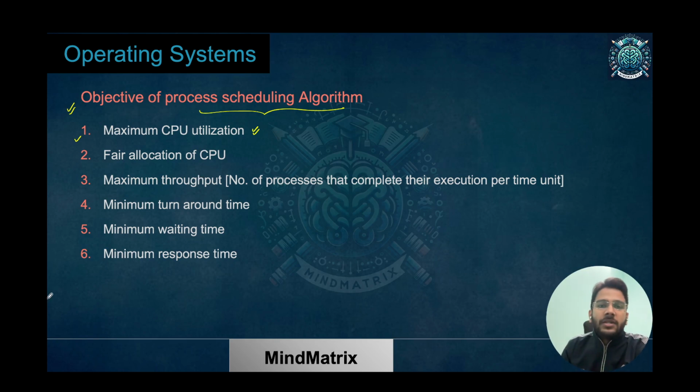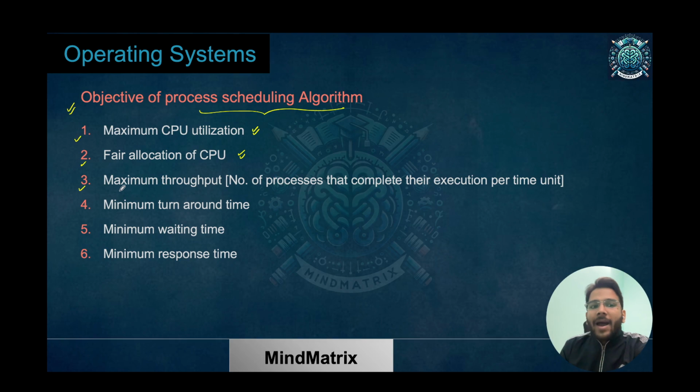Second, we want fair allocation of CPU. The CPU should be allocated in an unbiased manner, to each and every process after a certain time. It should not be like one process keeps on executing and other processes face starvation. So we also want fair allocation of CPU.